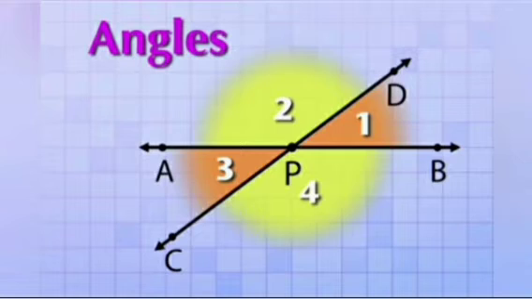When two lines intersect, they form 4 angles. That is, 2 pairs of vertically opposite angles. Now imagine that we know one of these angles to be 95 degrees. We can easily get the remaining 3 angles by using vertically opposite angles and angles on a straight line. So you have 95 degrees, and the angle vertically opposite is also 95 degrees.